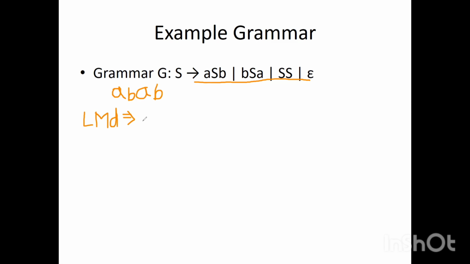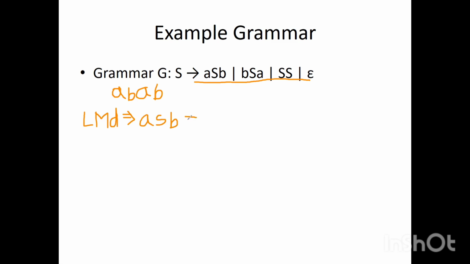So, enough of this. We will go straight to the derivation. Here we first take ASB from this grammar. Why ASB? Because ASB has starting symbol A and ending symbol B, which is perfectly suitable to derive our ABAB string.